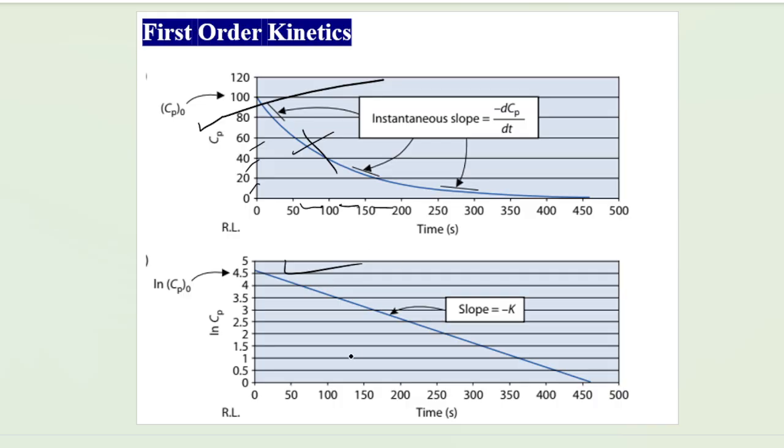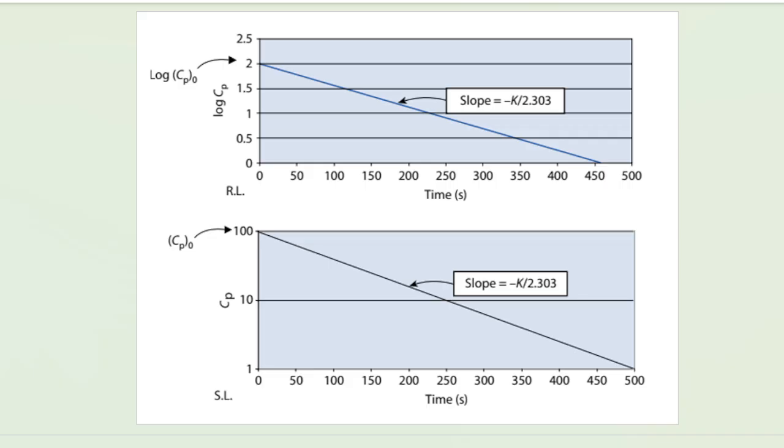The x-axis is linear, and the y-axis data is converted into natural log, and your slope will be equal to minus k. There is more calculation on this, which will be coming in the coming slides. So it will be equal to minus k when you plot it with natural log. And if you convert the data into common log, again you will get a straight line with the slope equal to minus k divided by 2.303.